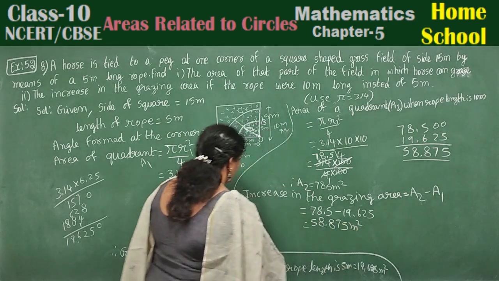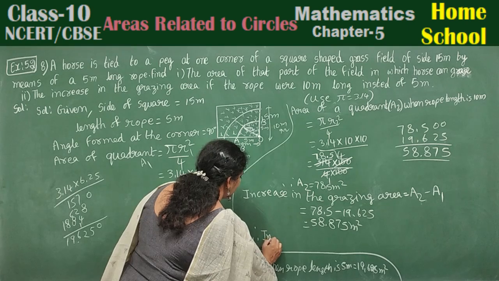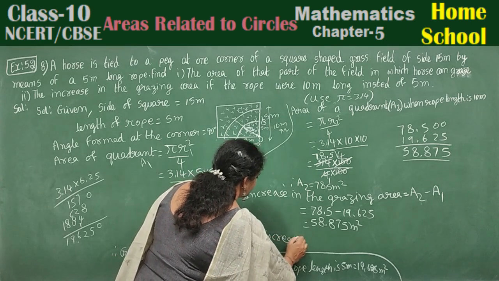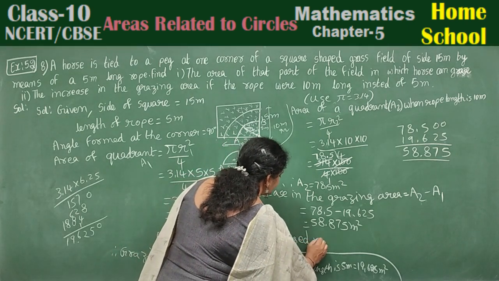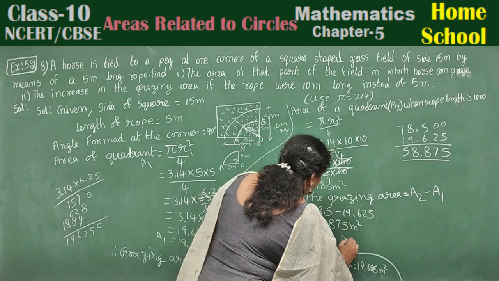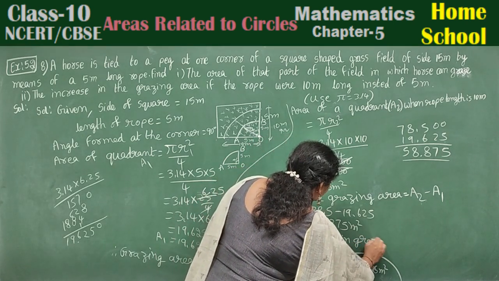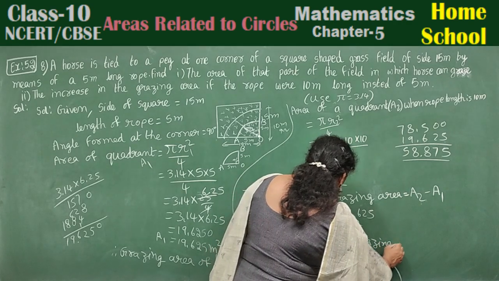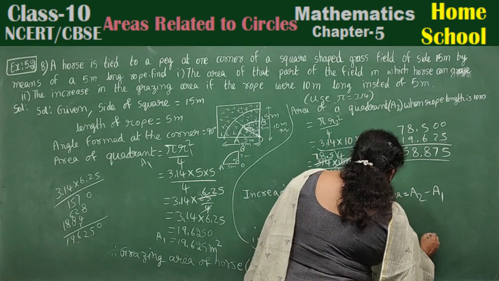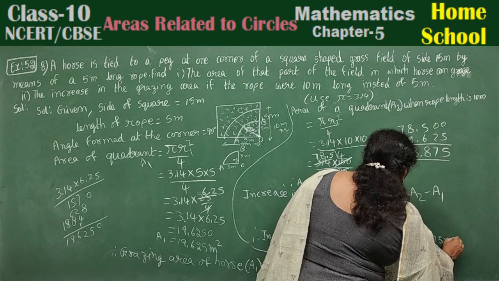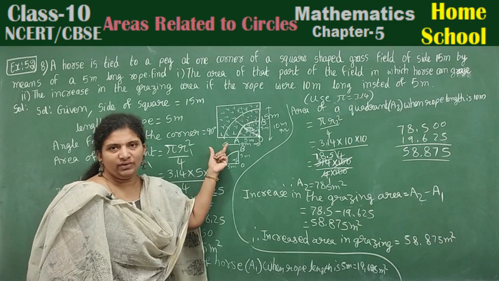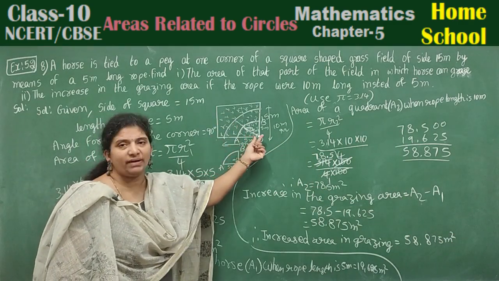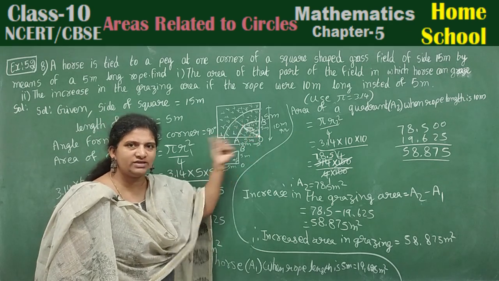Meter square. Therefore, the increased area in grazing is equal to how much? 58.875 meter square.